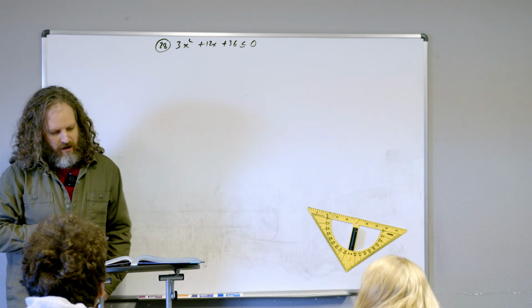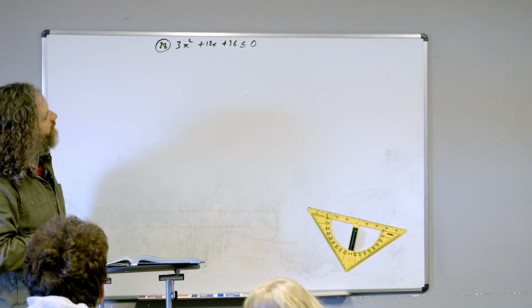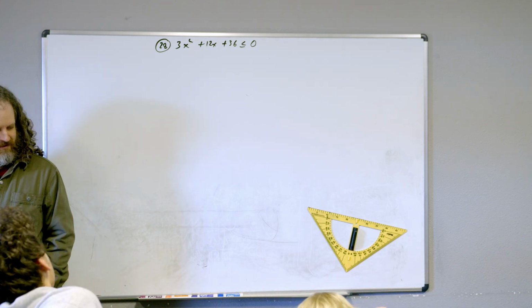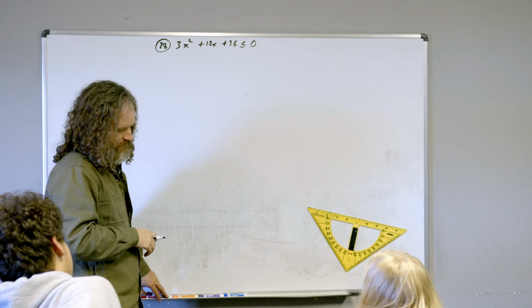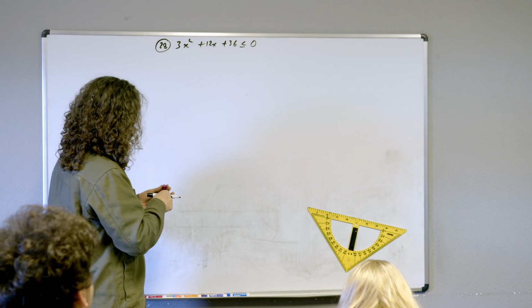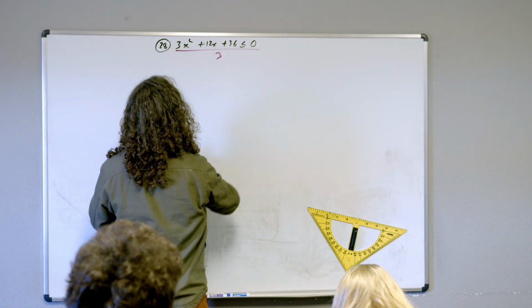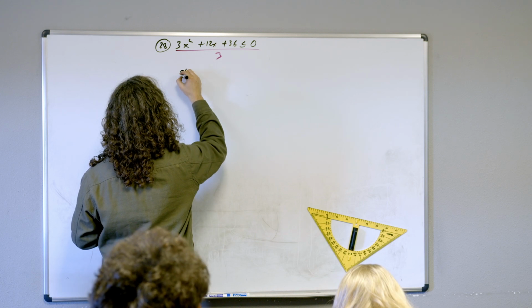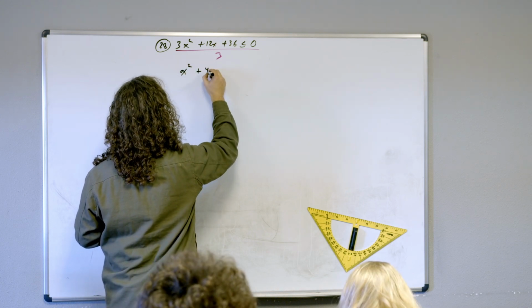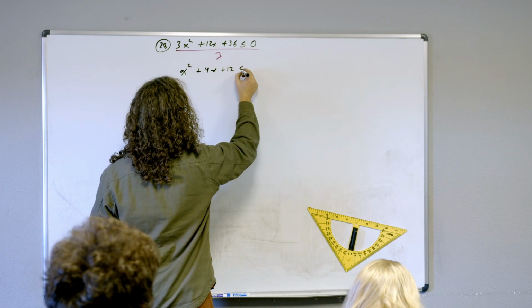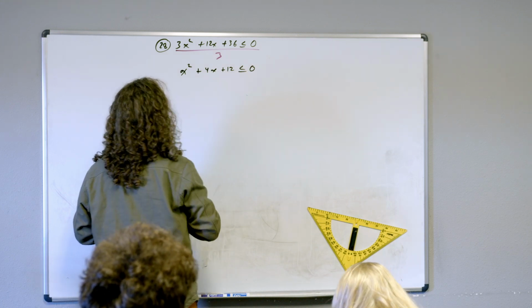And we're supposed to solve by graphing, but we'll solve it with algebra. Divide by 3. Divide everything by 3. So we end up with x squared plus 4x plus 12 is less than or equal to 0.